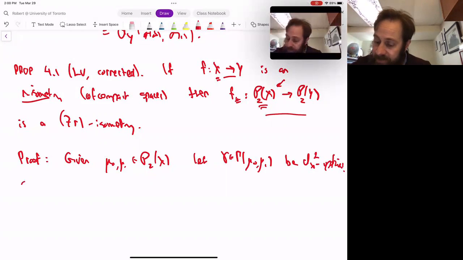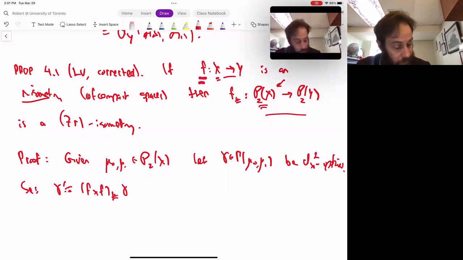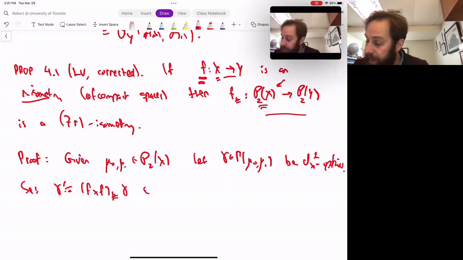And then I'm going to set gamma prime to be the image of gamma under F cross F, where F is this R isometry. And of course, that will be a joint measure on Y cross Y, and its marginals are going to be F push forward mu naught and F push forward mu 1.